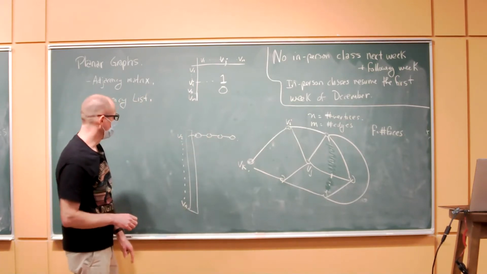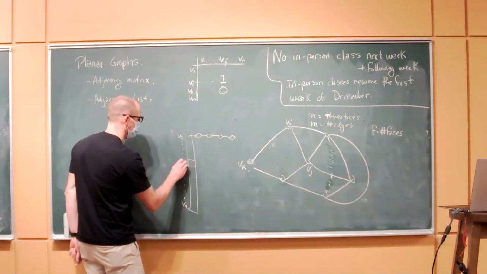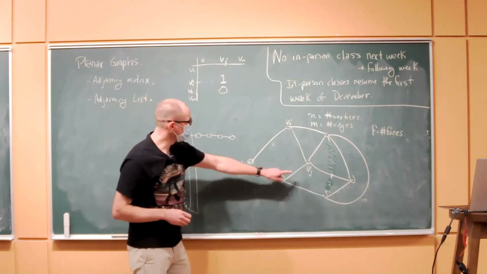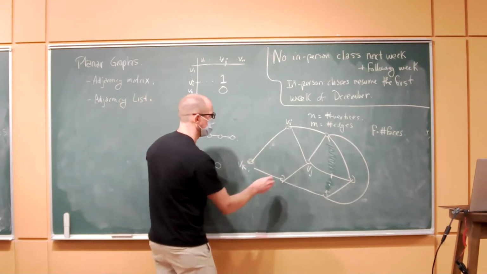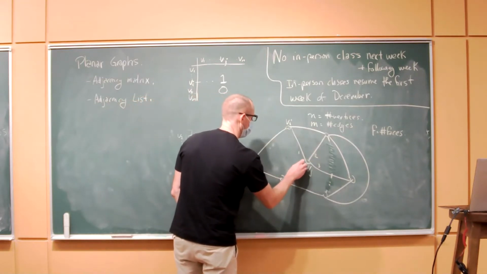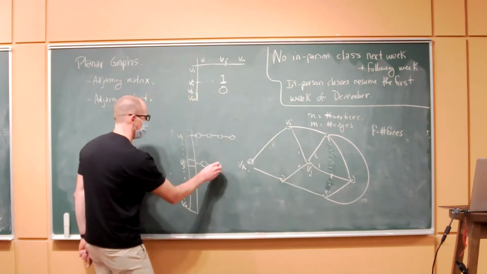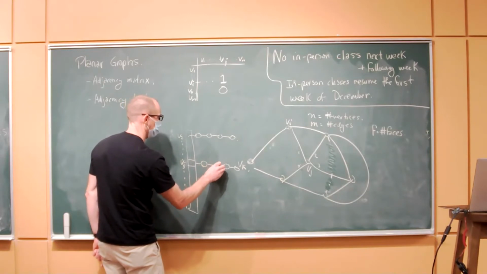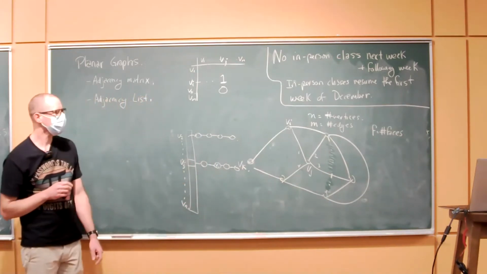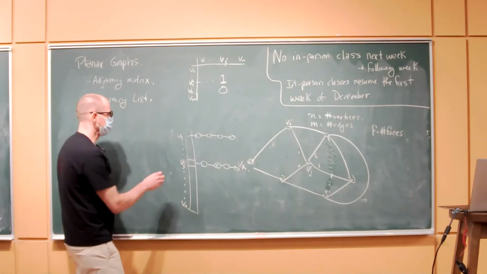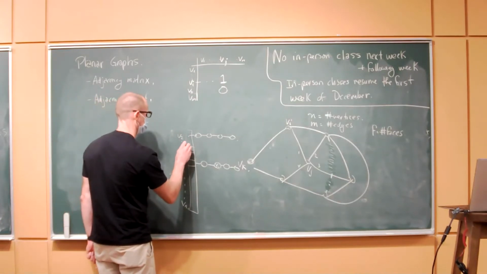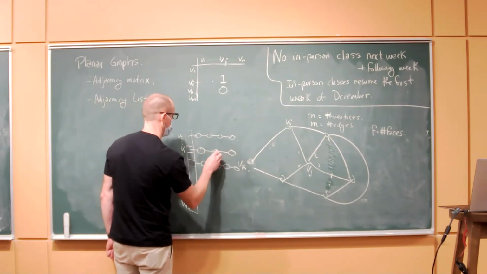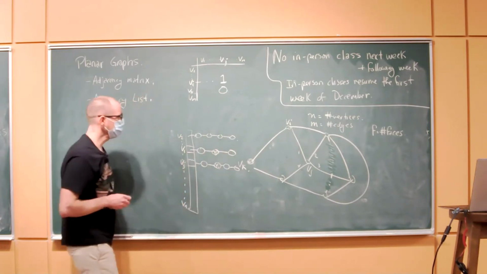So for example, if I were to look over here in Vj's list, that's this one, I would find 1, 2, 3, 4 items. Most of them are unnamed in this picture, but Vi would be in that list. And if I were to look in Vi's list, I would find 3 items, and one of them would be Vj.